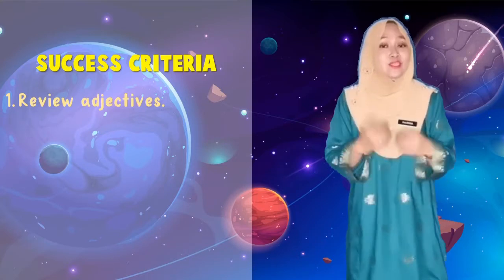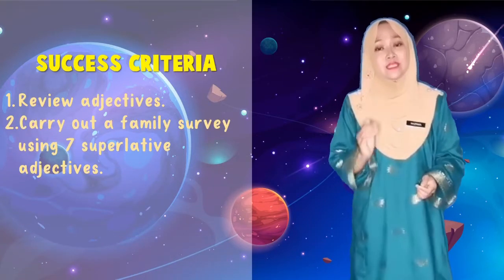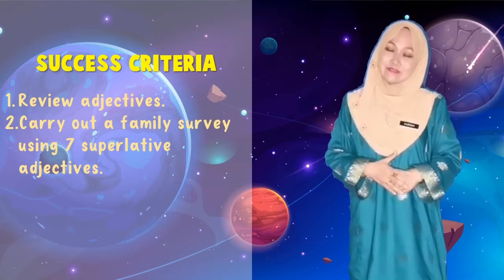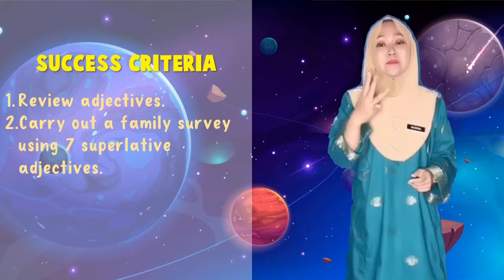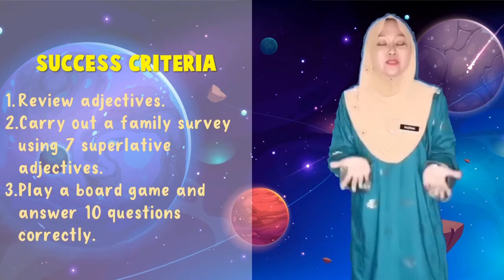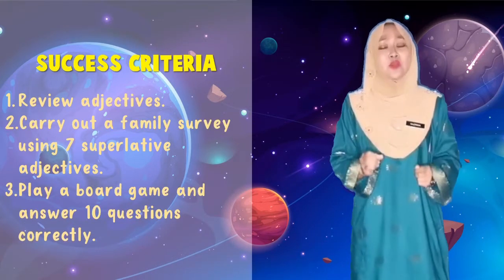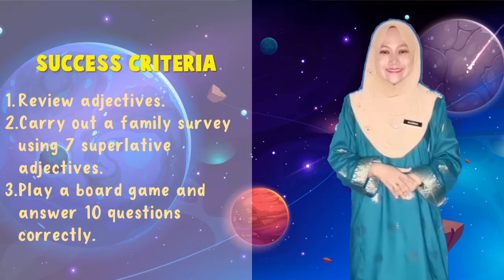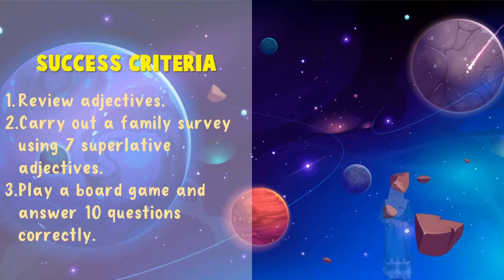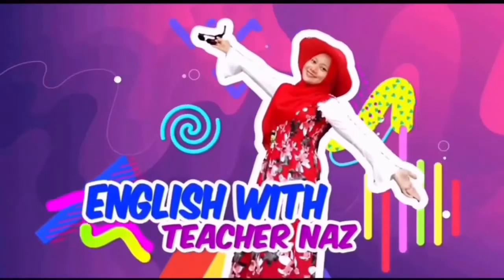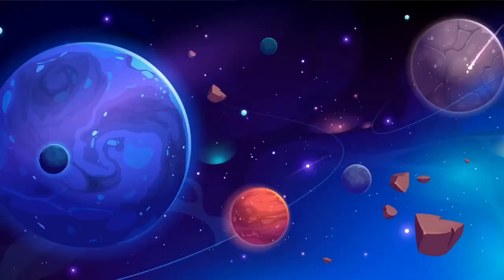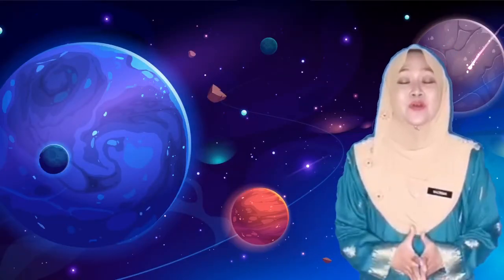Number 2, you can carry out a family survey using 7 superlative adjectives. And number 3, you can play a board game and answer 10 questions. Are you all ready for the lesson today?